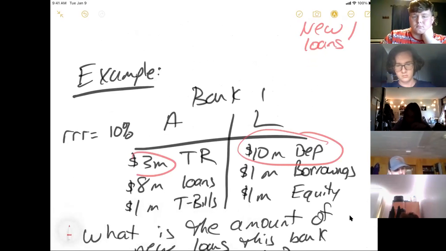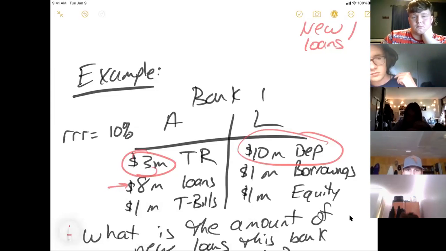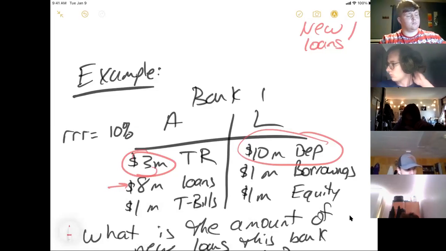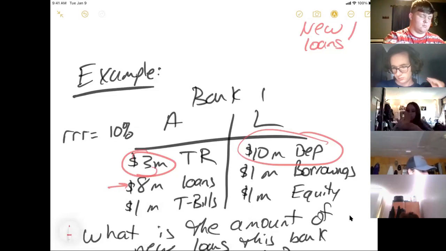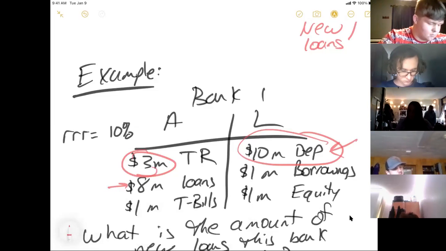They only have $3 million, and those loans are already lent out. The bank could maybe sell their T-bills, but they're still not going to have enough money on the asset side to pay back all these depositors. That's the danger of a bank run.